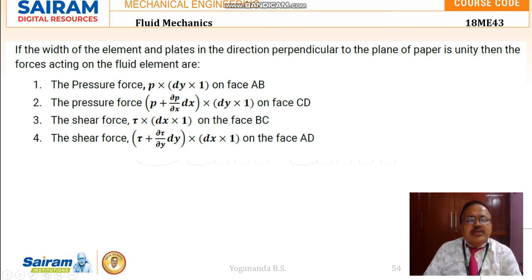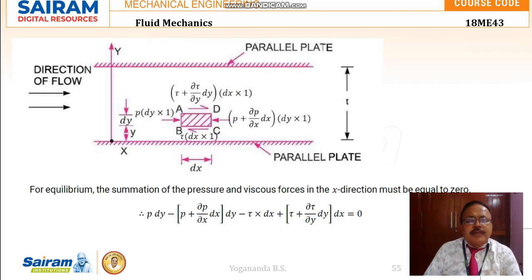Now the shear force on the face BC. Shear stress tau is shear force by area, so shear force is tau into area.